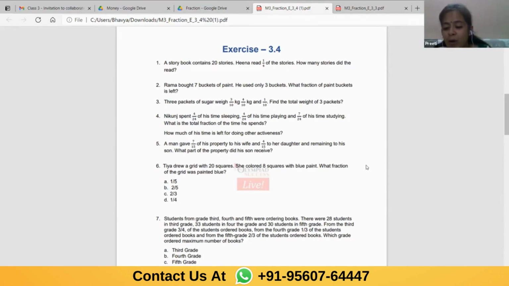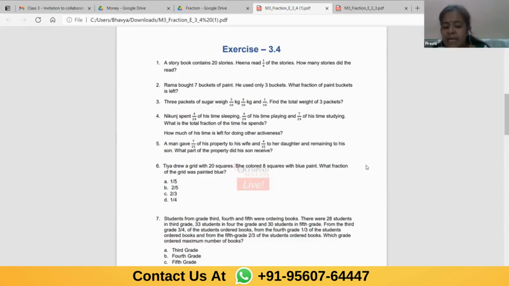So when you add all three fractions, in the numerator you will get 15 and the denominator will remain the same, which is 24. This question we have done in the class. Is this question clear, Boy Bobby? Yes, ma'am.